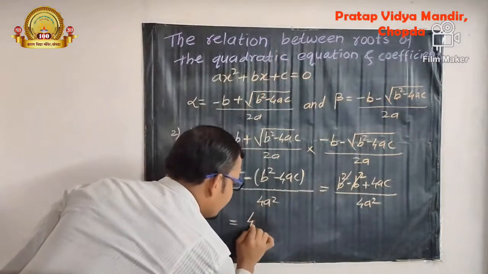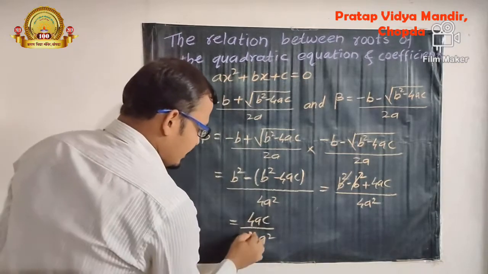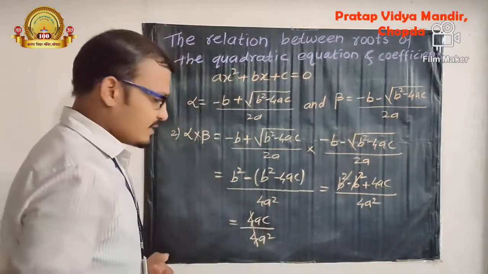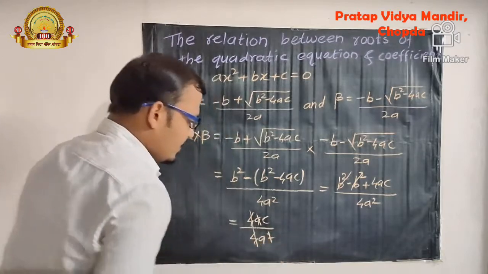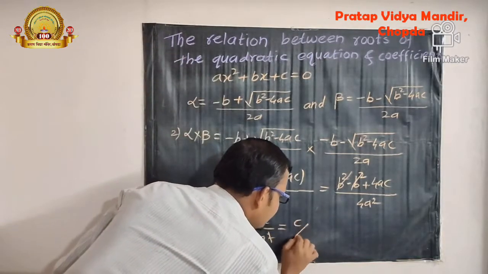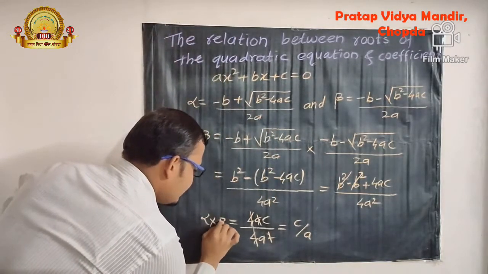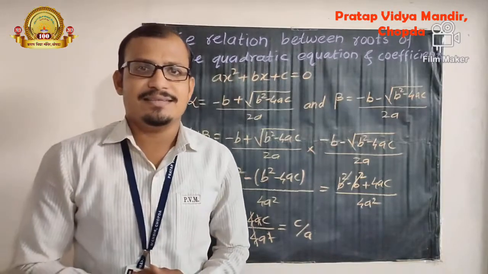So we get 4ac upon 4a square. Again 4 get cancelled. A and one a in a square is cancelled. So we get here c upon a. So the value of alpha into beta is c upon a.